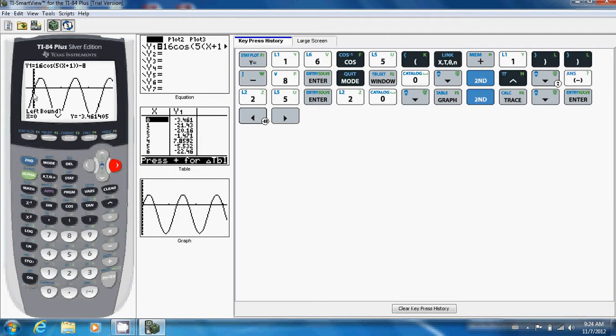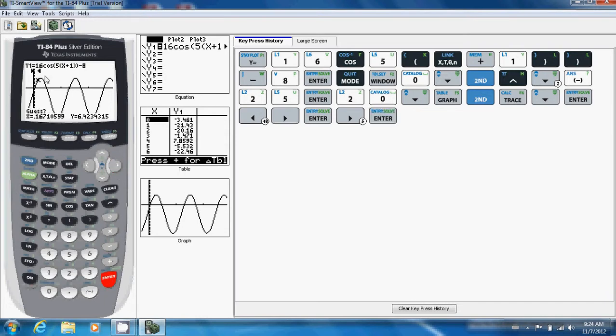So you see we'll go right to 0 there, enter, and then we'll move our right boundary over just on the other side here, enter. So you see these two little triangles at the top of the screen. That is telling you that the program is going to look between those two triangles for the solution. So it's saying on our screen guess, but we don't have to guess. We'll just hit enter.